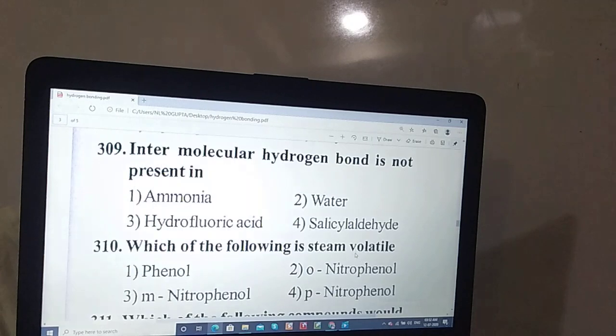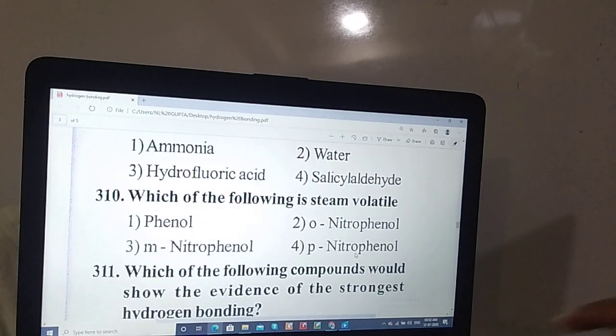Now let us move to question number 310. Which of the following is steam volatile? Dear student, steam volatile means when you heat it in steam, it converts into vapor. Phenol has hydrogen bonding.